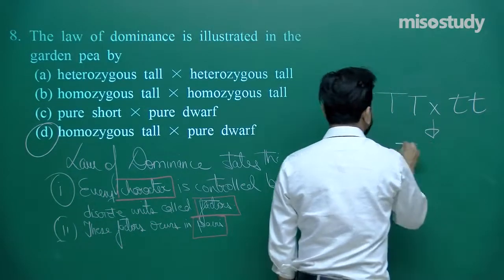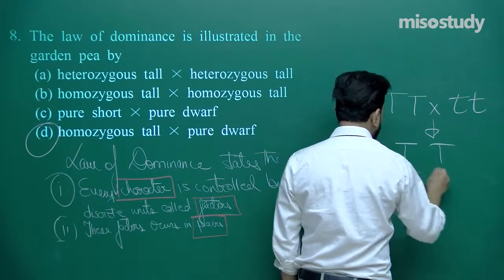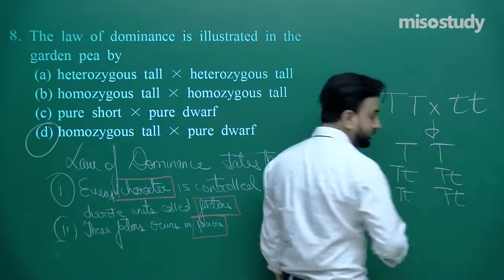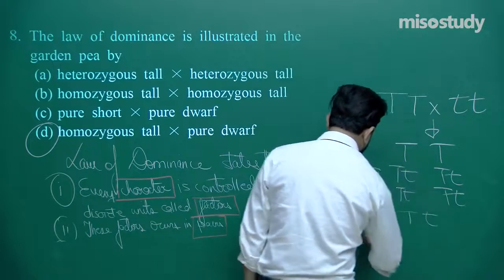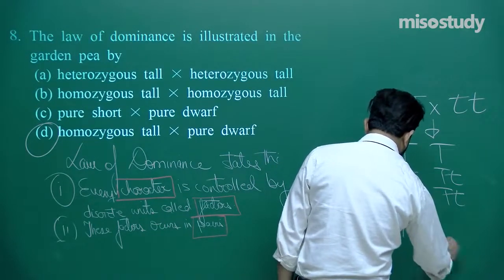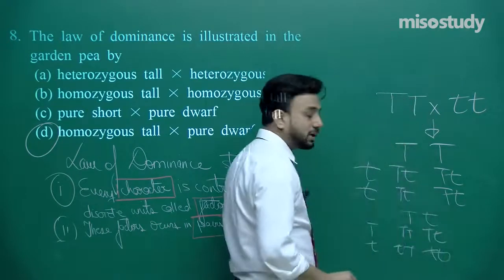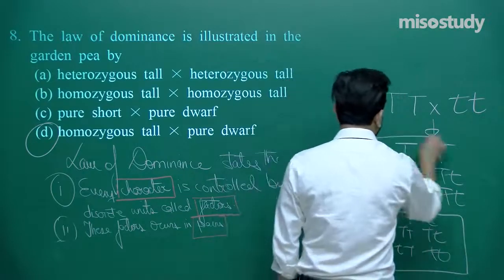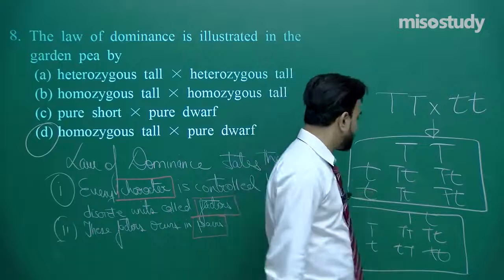If you cross this, what do we see? Tt, Tt: we get capital T small t, capital T small t, capital T small t, capital T small t. And if we take this capital T small t and self them again, what do we see? Capital T capital T, capital T small t, small t capital T, small t small t. That is exactly what we did in the last question, not the last class or last session.